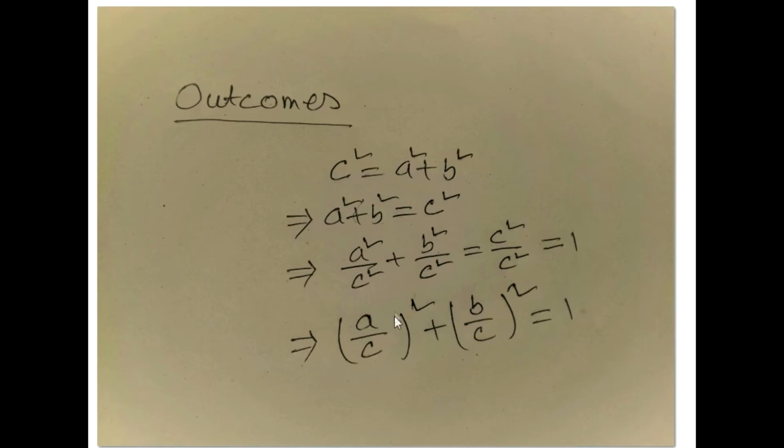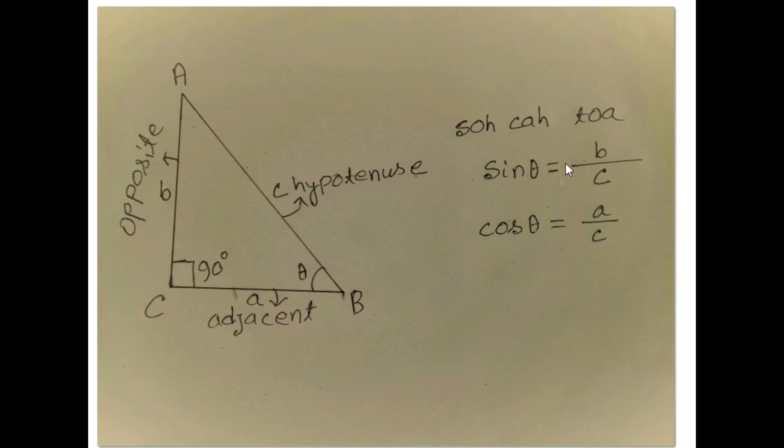Now this can be written as: a divided by c, squared, plus b divided by c, squared, equals 1. Now what are a divided by c and b divided by c? We knew before that sin theta equals b by c and cos theta equals a by c. So we put a divided by c equals cos theta and b divided by c equals sin theta.